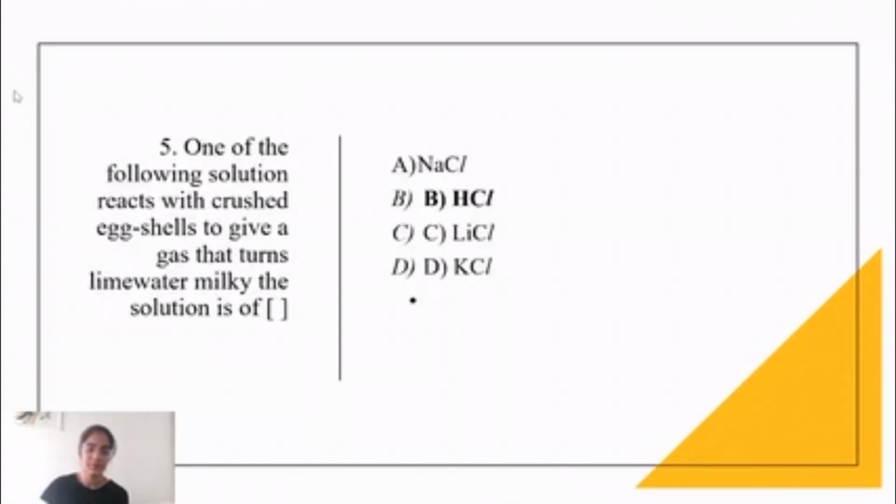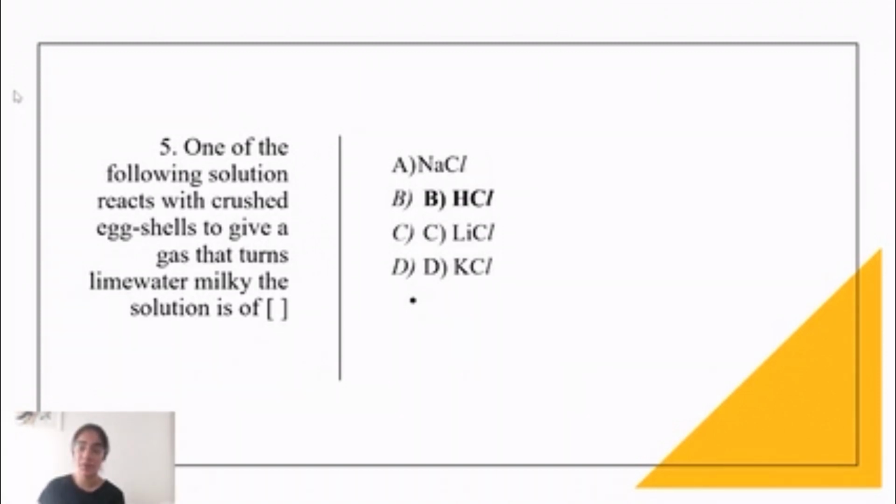Now, next question. One of the following solutions reacts with crushed eggshells to give a gas that turns lime water milky. We know the gas that will turn lime water milky is carbon dioxide. The reaction of an acid on a metal carbonate usually gives the salt of the corresponding carbonate, CO2 and water. Eggshells are made of calcium carbonate, so calcium carbonate will readily react with an acid. The acid among these options is HCl.